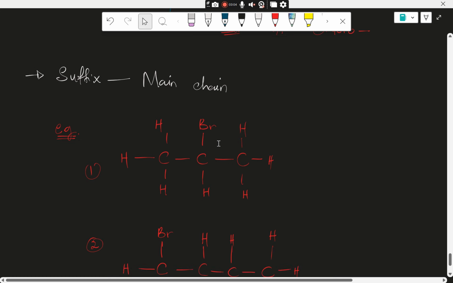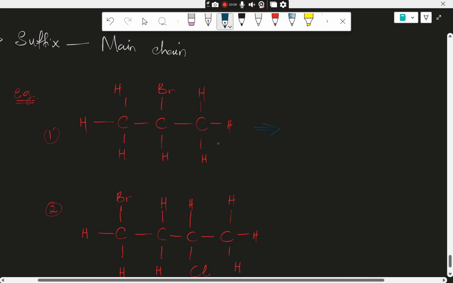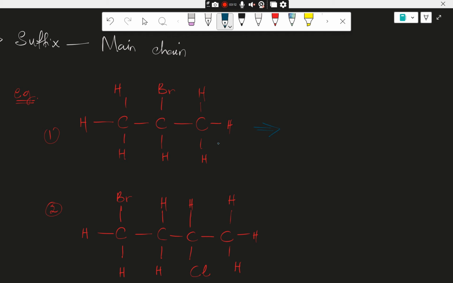So for example, let's try to name example one. What is the main chain called? It's propane. It has three carbon atoms, and it's an alkane, so propane. We have identified our main chain. Where is the substituent and what is it?